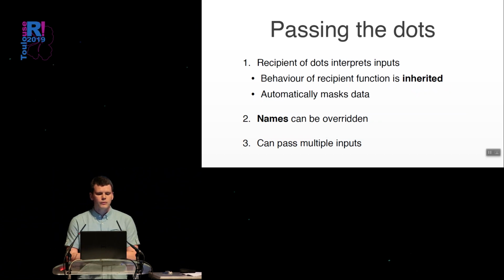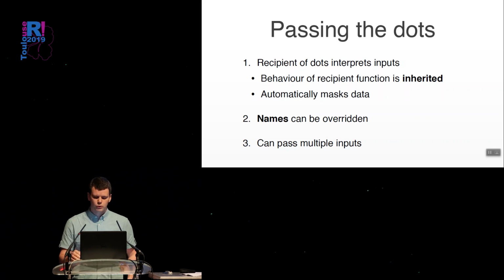So passing the dots is easy, but it also has nice properties because the function that you pass the dots to interprets all the inputs that you pass through the dots, and so the behavior of this function is inherited. And in particular, you get automatic data masking. Secondly, you can pass names with dots in the argument, so you can override the default names, which can be helpful.